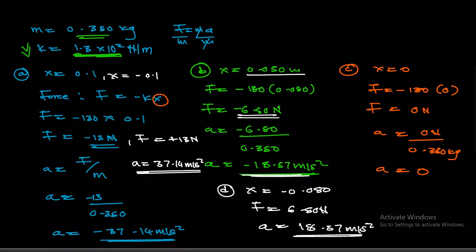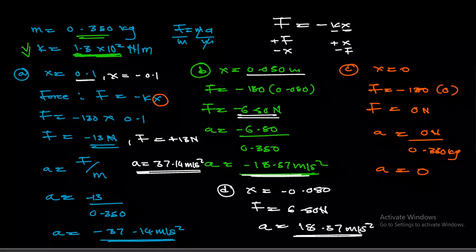This is going to make more sense in terms of the definition we gave, that F is directly proportional to the displacement, with the spring constant showing how stiff the spring is. If the force is positive, x is going to be negative. If x is negative, the force is going to be positive.